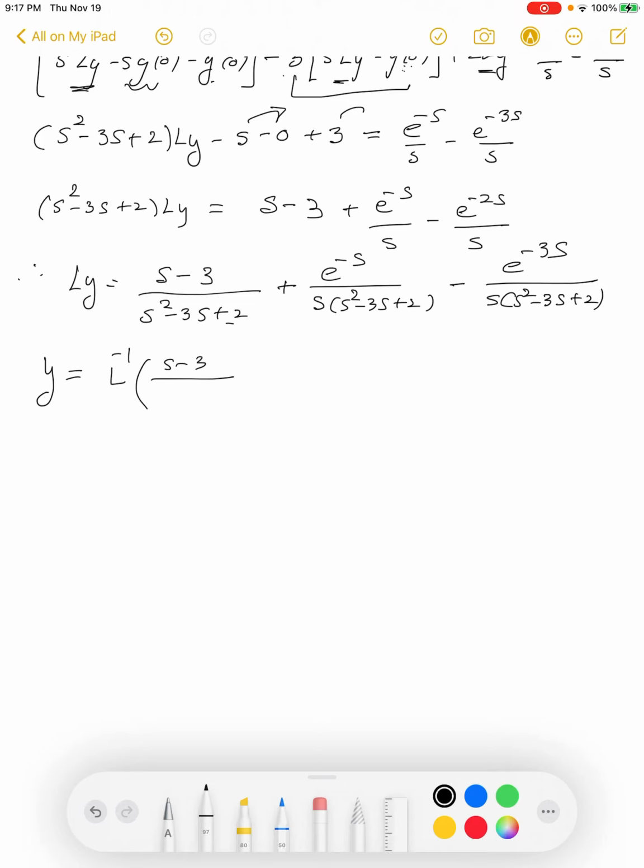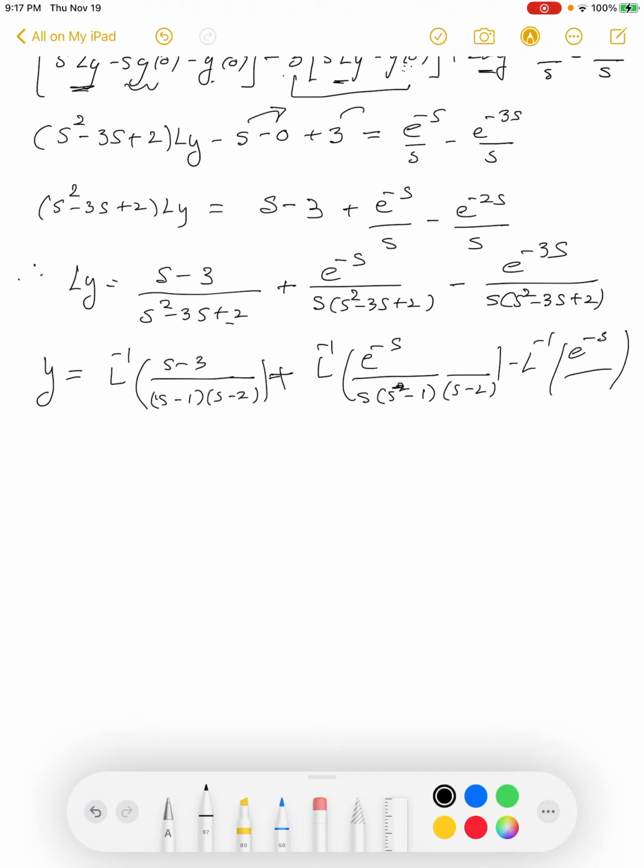Now this denominator here factors, so we can write the factors as s minus 1 times s minus 2, plus L inverse of e to the minus s over s times s minus 1 times s minus 2, minus L inverse of e to the minus 3s over s times s minus 1 times s minus 2.